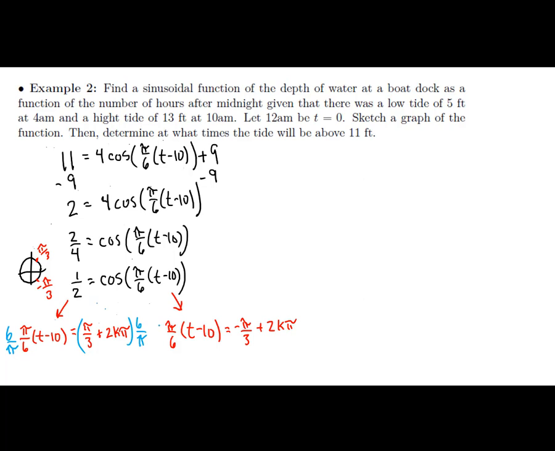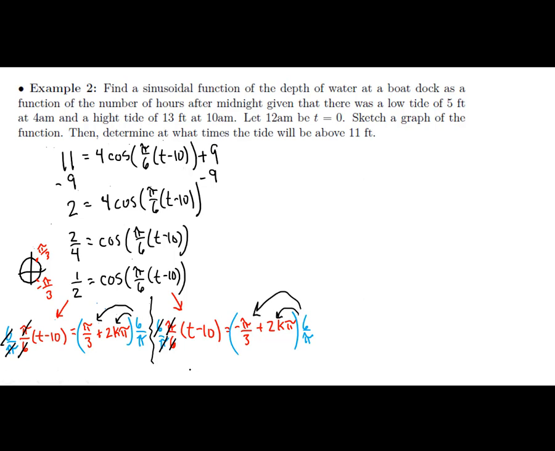As I get all this nice cancellation on the left side of both equations, these are gone. Let me put a little dividing line here. Then I distribute this through to both of the terms on the right side.